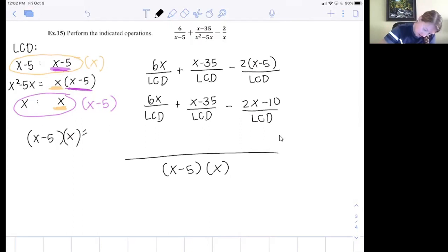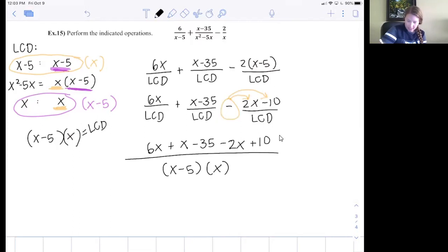This equals our LCD. So I've got 6x plus x minus 35, and then I've got minus 2x. And remember that this negative has to go here and here. So I kept it there. So I've got negative 2x, and then I've got a negative and a negative make a positive, so positive 10.